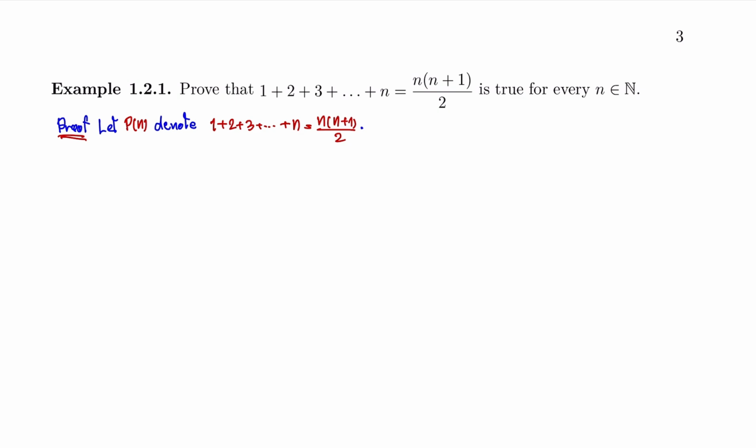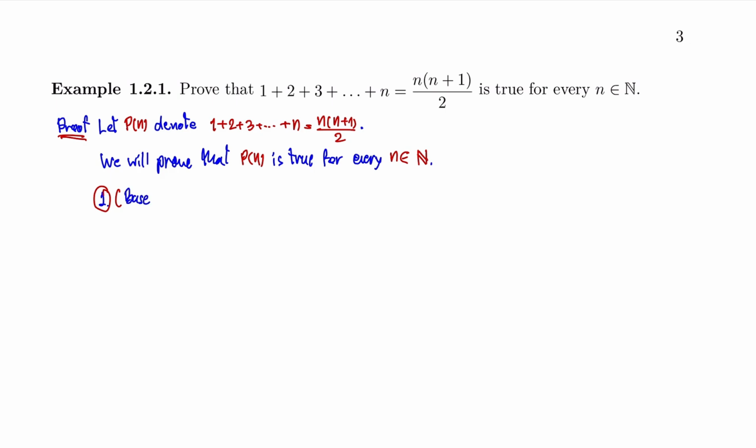And then we will prove that Pn is true for every positive integer n.